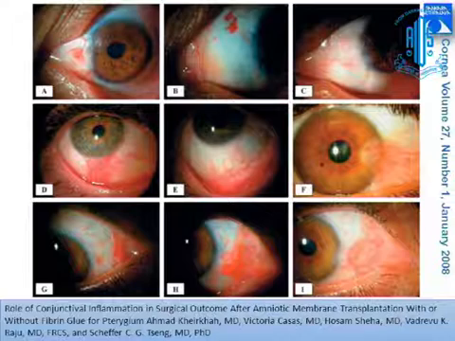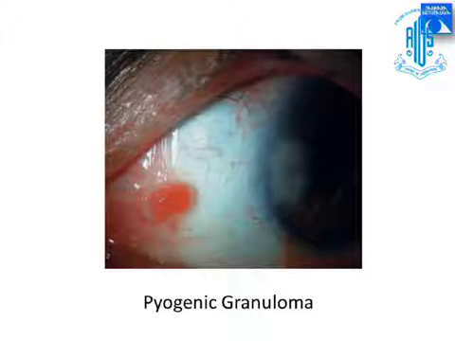Here they started developing inflammation at the graft-host junction, so they injected triamcinolone and that completely avoided the recurrence. But in this case, post AMT, they started getting the recurrence. This patient did not get triamcinolone, and you can see this patient already had a conjunctival recurrence at 2 months follow-up. Another complication which was seen is pyogenic granuloma.